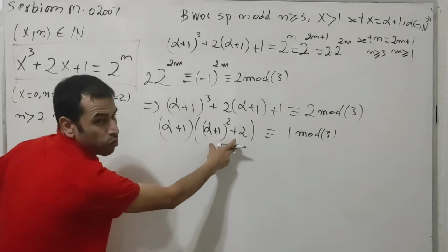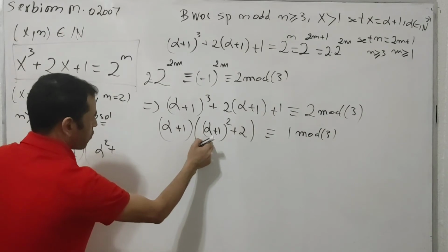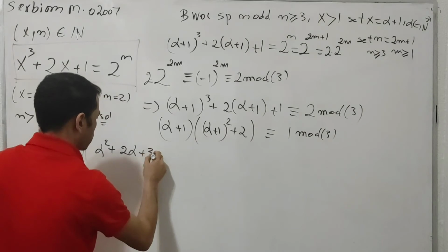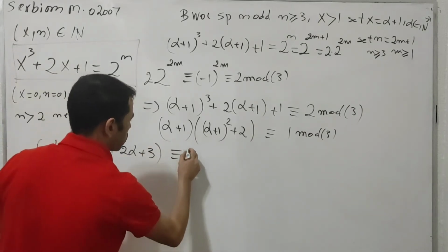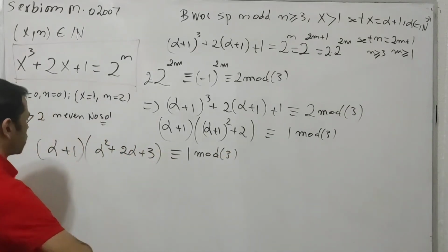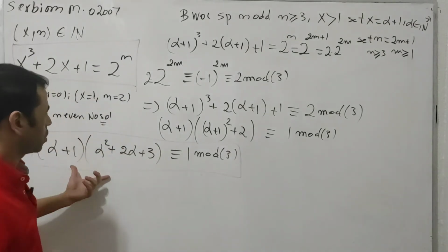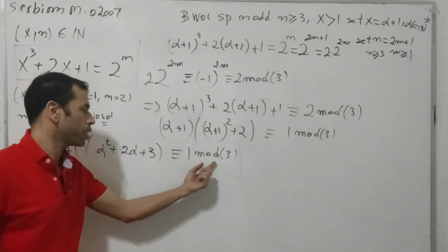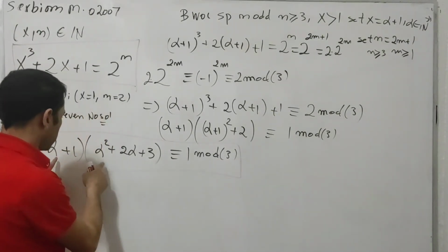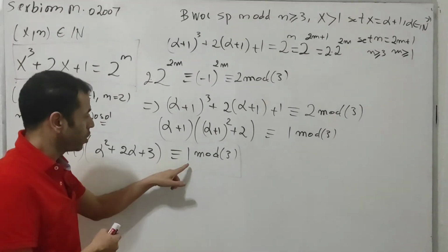I'm going to simplify this one more. I will have alpha plus 1 factor alpha squared plus 2 alpha plus number 1 plus number 2, which is 3, is congruent to 1 mod 3. Here is a nice expression involving congruence. This product is congruent to 1 mod 3. 3 does not divide this product, which means 3 does not divide both terms, because if 3 divides at least one term, you wouldn't have 1 here, you would have 0.